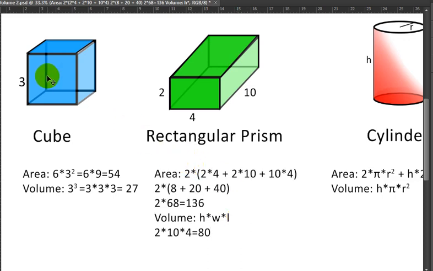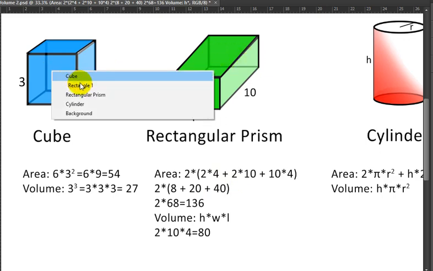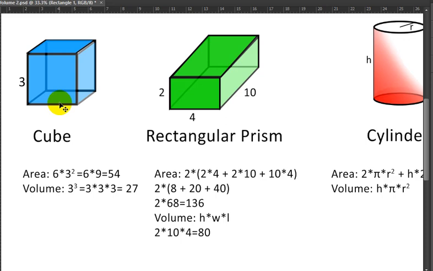Now, you might be wondering, okay, why though? Like, we explained why the area is the way it is. What about the volume? Well, in the case of the cube, I want you to imagine something, right? I want you to imagine that we take this front face, right?